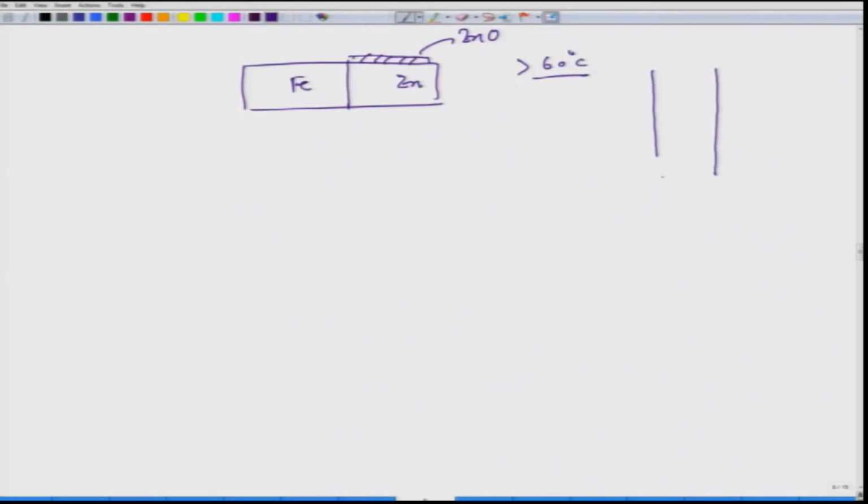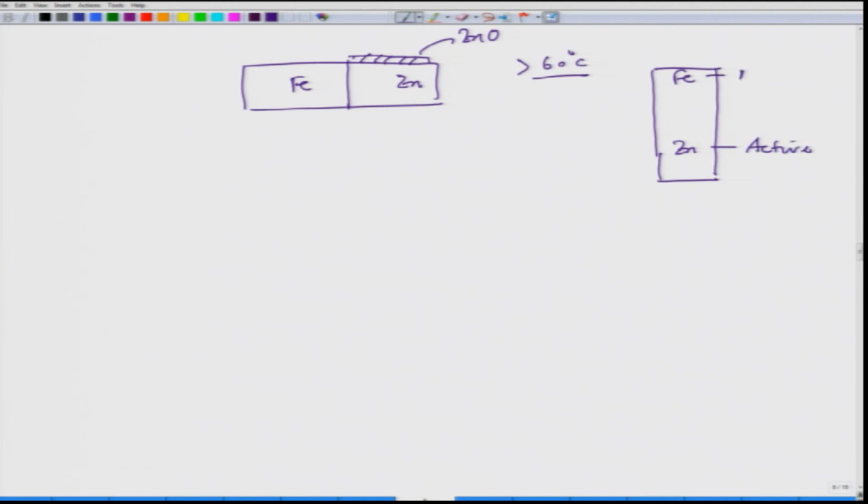Why? Because in the beginning, in the galvanic series, in that particular temperature and solution that particular couple is exposed to, iron is on top, zinc is at bottom.